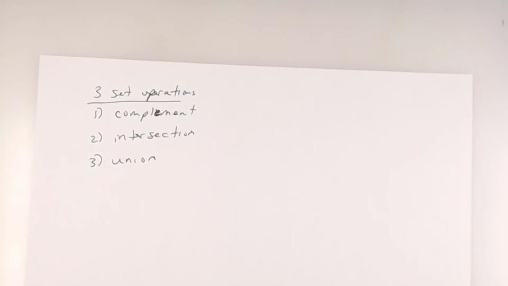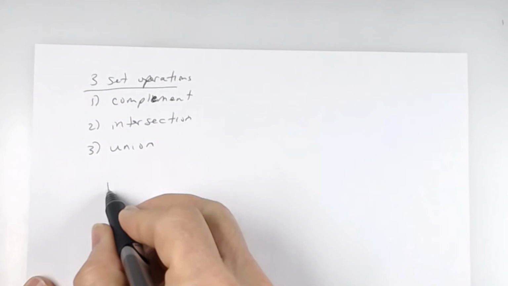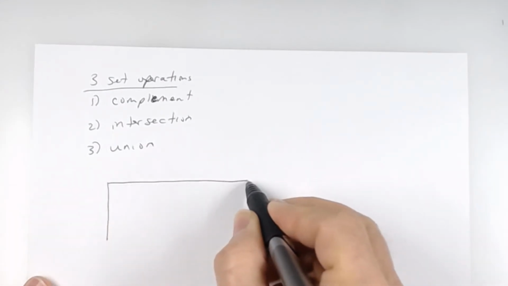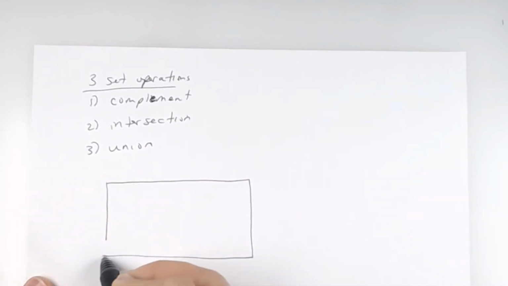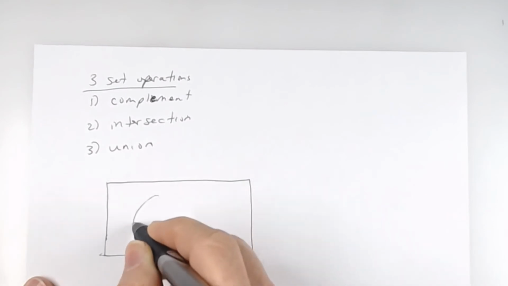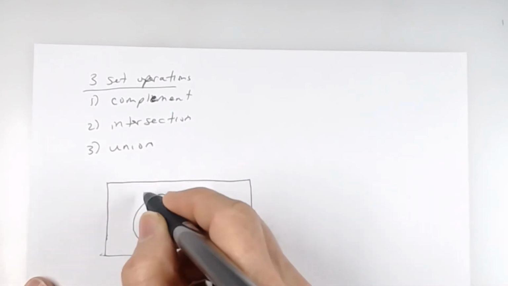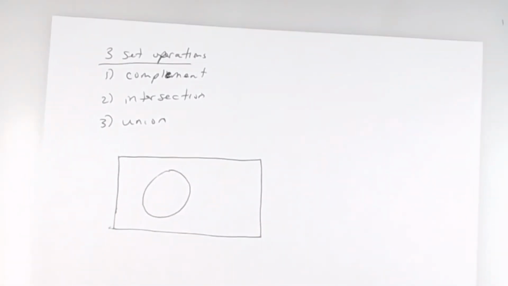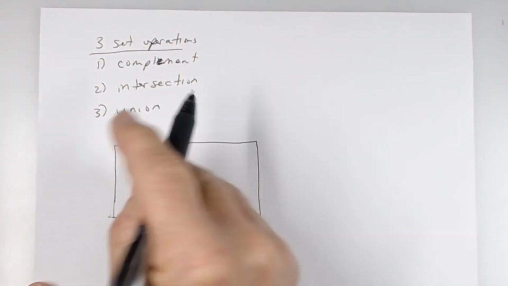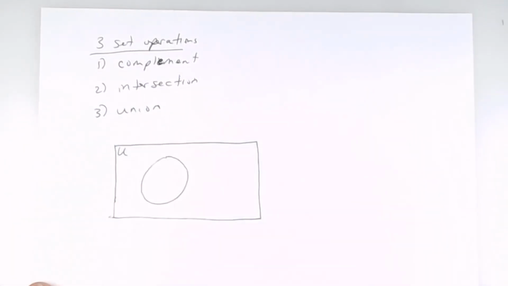Complement. Okay, I'm gonna talk about complement by using an example. So go ahead and write this down. And I'm just going to put one set in there, so we don't get confused. Set A. And remember this whole thing's a universal set, right?